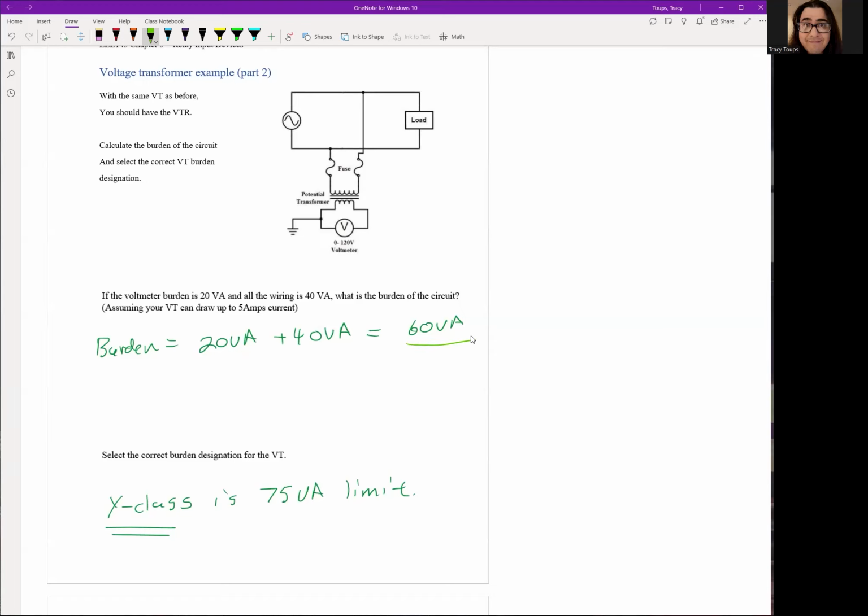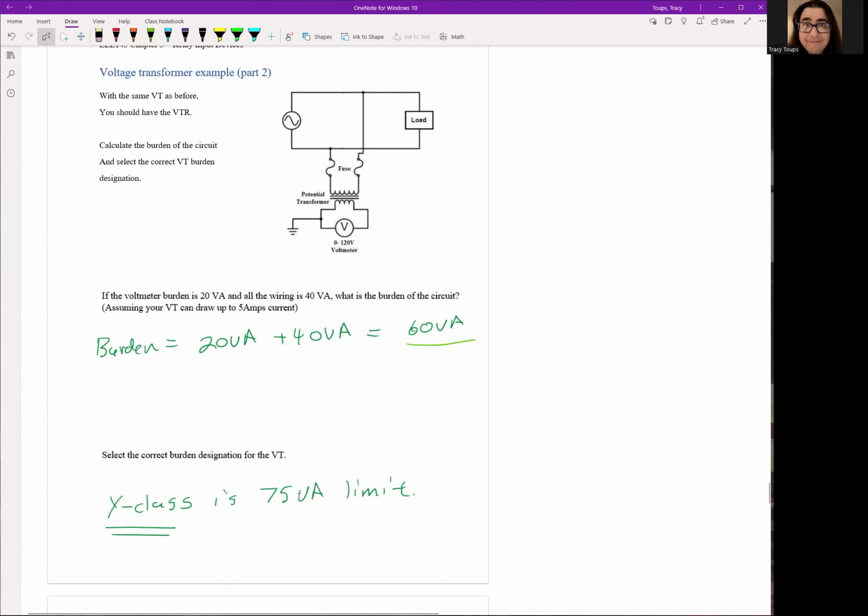So now you have 60 volt amperes. You go look at the chart. The chart says a Y class rated VT is for a 75 volt ampere limit. So we'd go ahead and use that. I think the next lowest one is 35 volt amperes, so we would not use that because 60 is much higher than 35. We'd be consistently overloading the VT and you'll get an error reading. I would not go above 75 because the higher the class you go, the more expensive it's going to be.